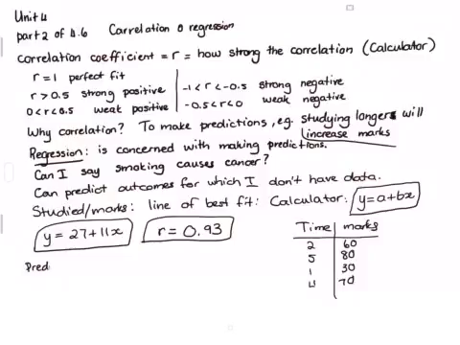Now, here's what kind of predictions we can do. If I study a number of hours that's not on here, say 3.5 hours, what kind of results can I hope to get?